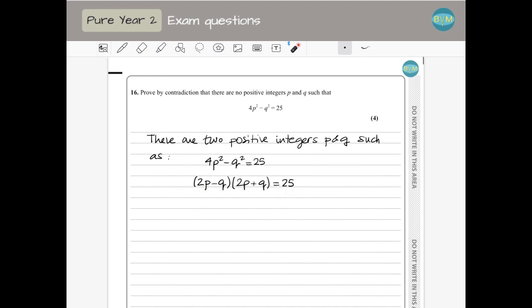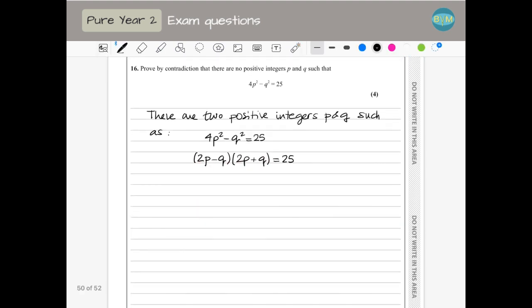p and q are integers, so these two factors will be integers. So let's see what the options are. It could be 1 and 25, 25 and 1, and 5 and 5. There are no more options, so we can explore the three of them. So 2p minus q, for example, being 1, and 2p plus q being 25.